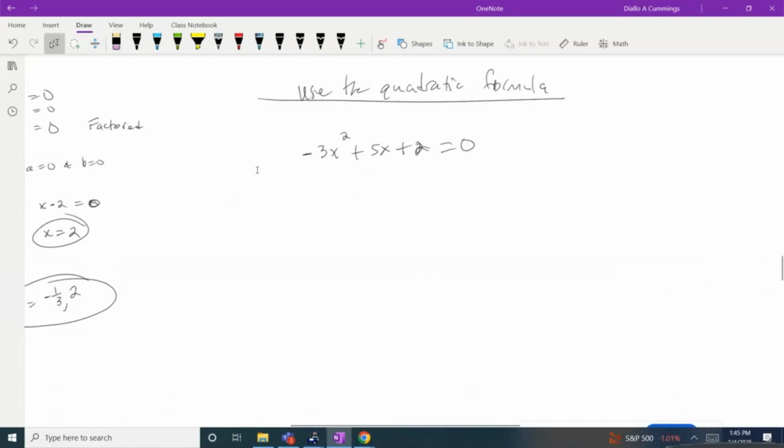So it's set equal to 0, and then our first term has to be positive. So I would start out the same way. I would multiply both sides by negative. So we get 3x squared minus 5x minus 2 equal to 0. So that first step is the same: put in standard form. And now I want to use the quadratic formula.